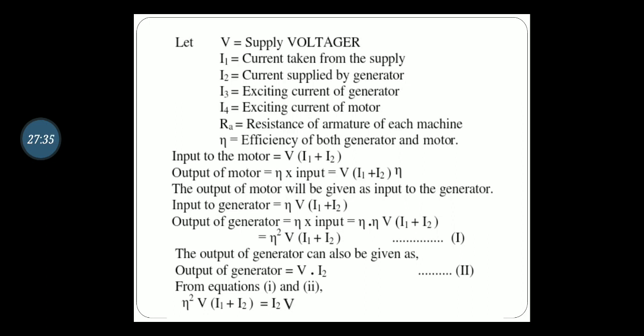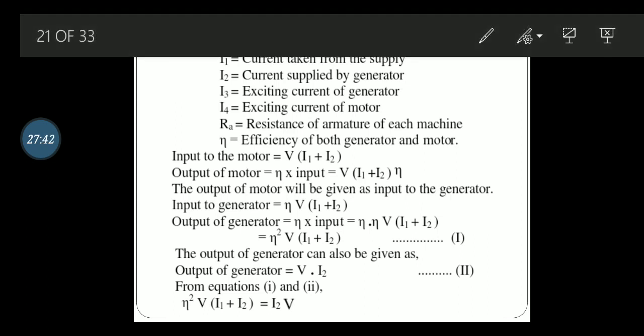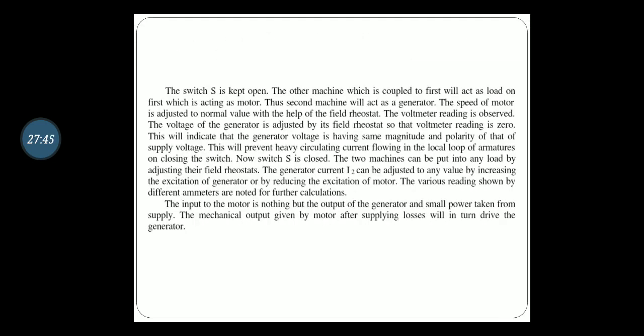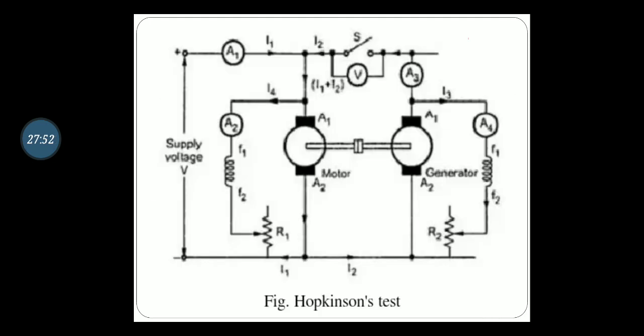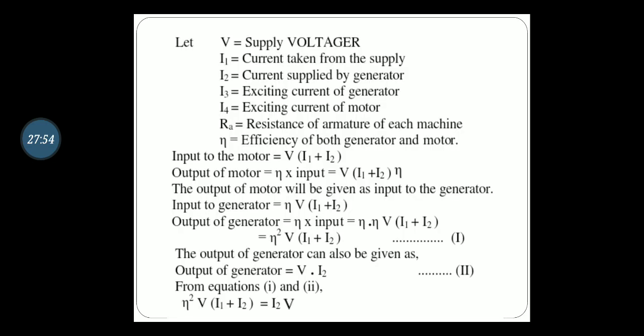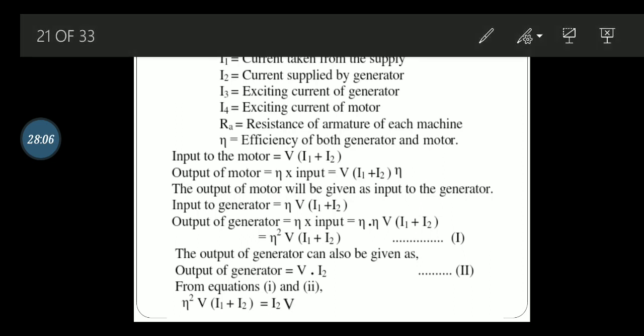Then let V be the supply voltage, and I1 be the current taken from the supply. You can observe this in the figure. I2 is the current supplied by the generator, I3 is the excitation current of the generator, I4 is the exciting current of the motor, Ra is the resistance of the armature of each machine, and eta is the efficiency of the generator and motor.